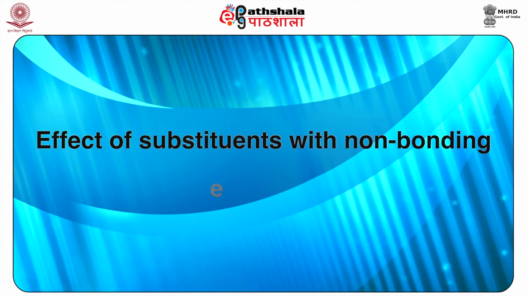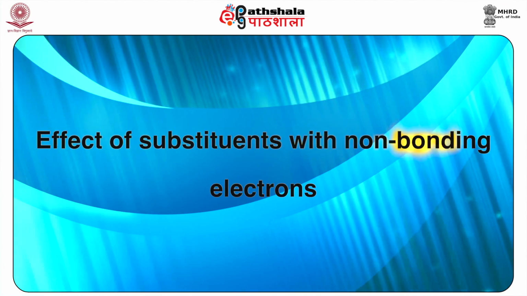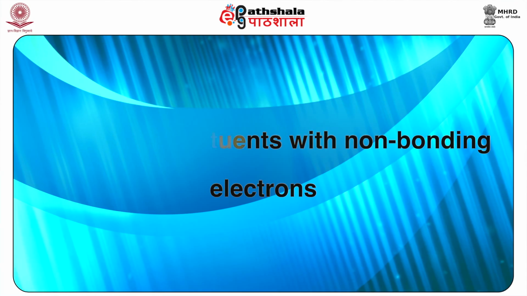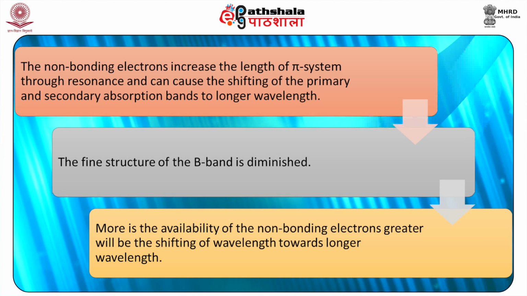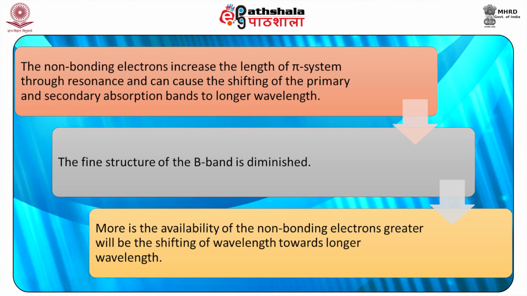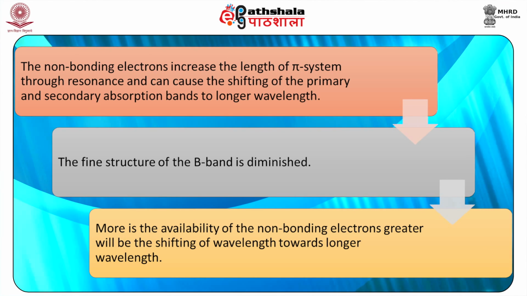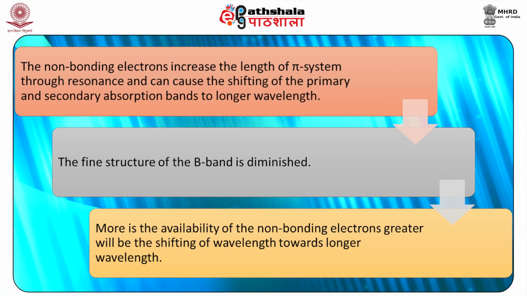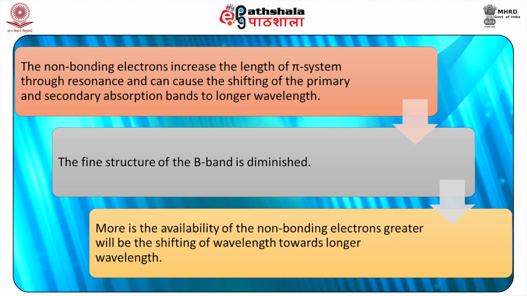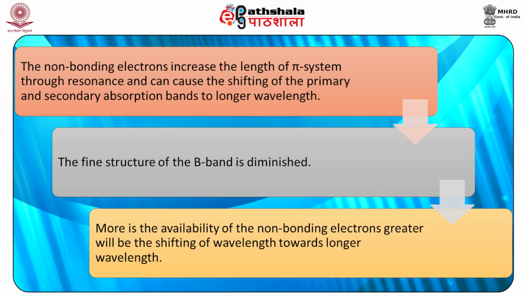The effect of substituents with non-bonding electrons comprises the second effect. The non-bonding electrons increase the length of the pi system through resonance and cause the shifting of the primary and the secondary absorption bands to longer wavelengths, that is the bathochromic shift.